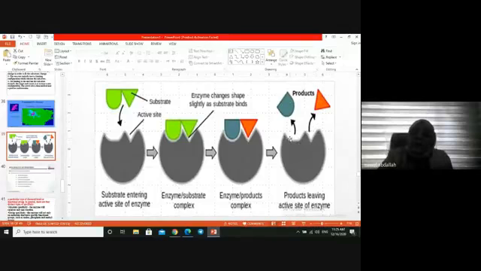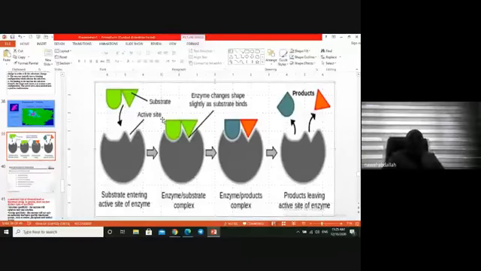This enzyme is free and can enter into another reaction, can be used in another biochemical reaction to accelerate the rate of its reactions. Now we have completed the mechanism of action of the enzymes.